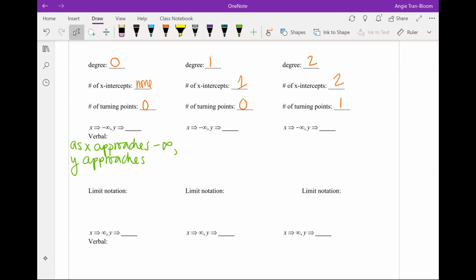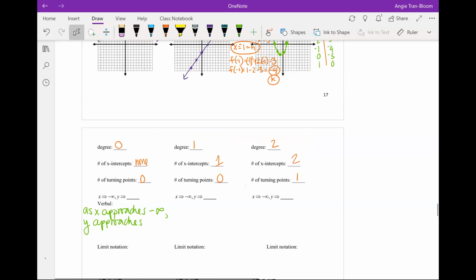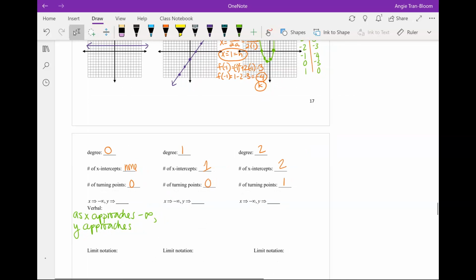Okay, for your constant. Negative infinity is over here, right? So as x is going left, what is the y value? It's staying at 2 because it's constant. Okay, constant means y would never ever change. So y approaches 2. Okay, that's verbal for us.